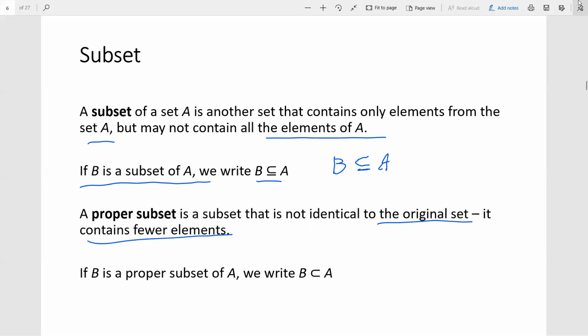It contains fewer elements. So if B is a proper subset of A, we write B with something that looks like a C and A.